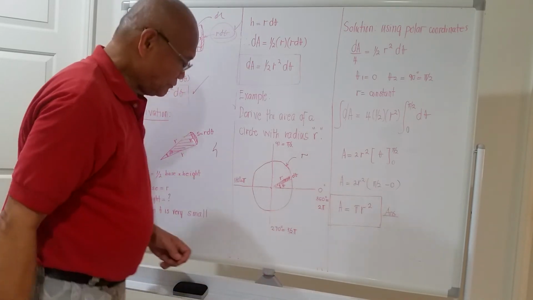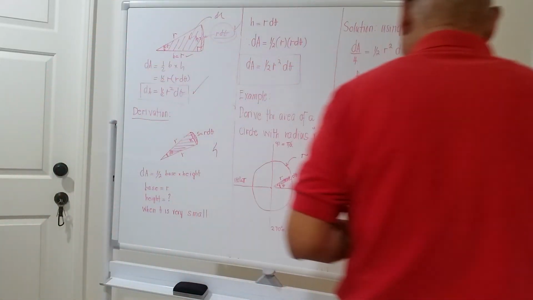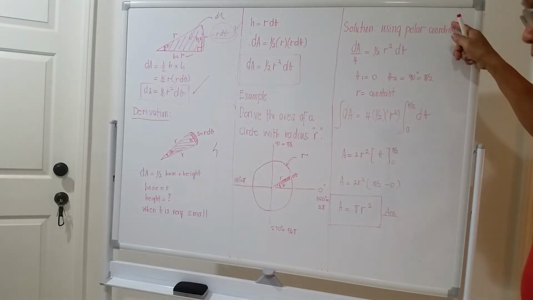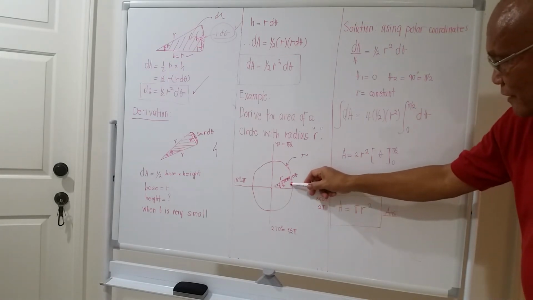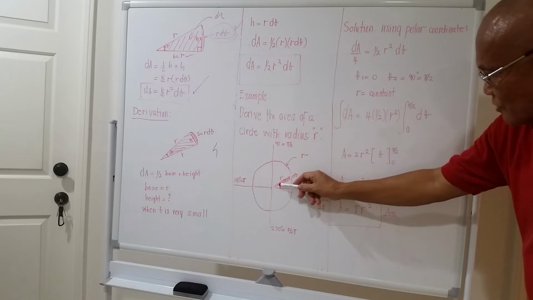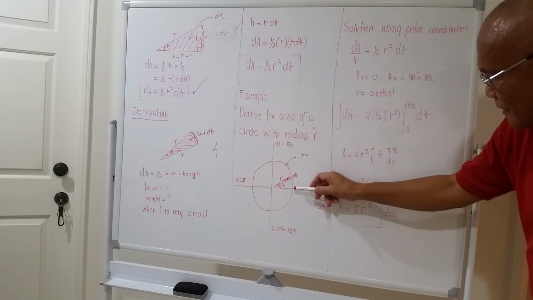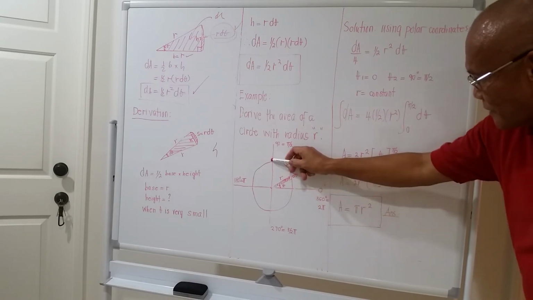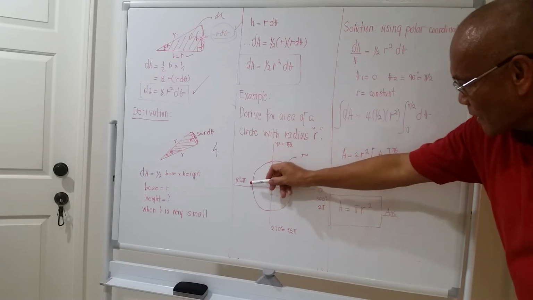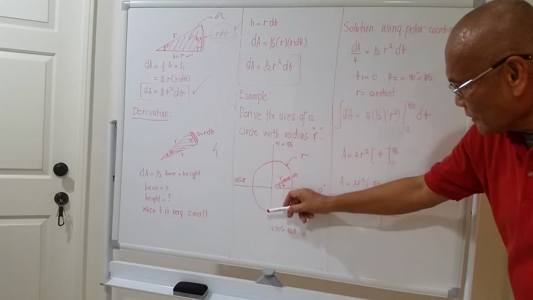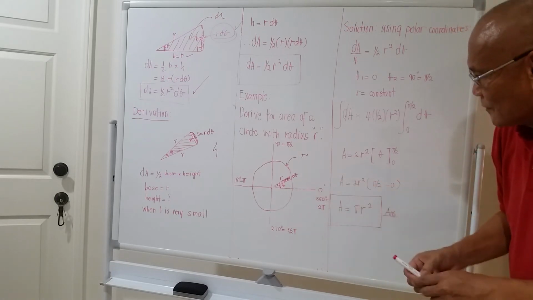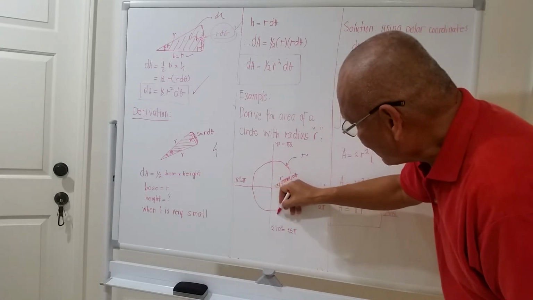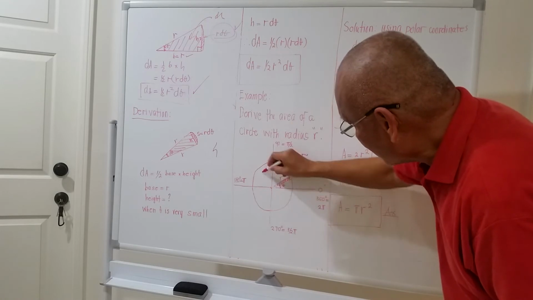So using polar coordinates and by using symmetry, to take the total area of this, we must rotate this differential area from 0 to 90, 90 to 180, 180 to 270, then 270 to 360 for us to complete the area of the circle.